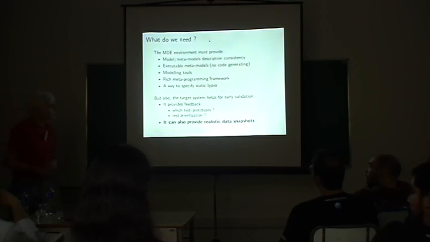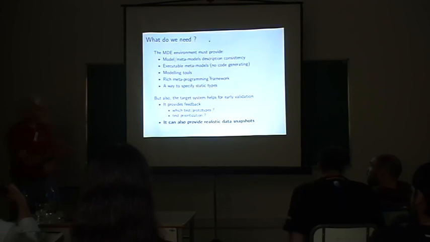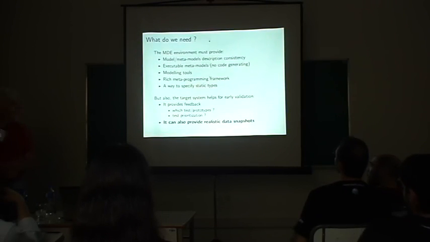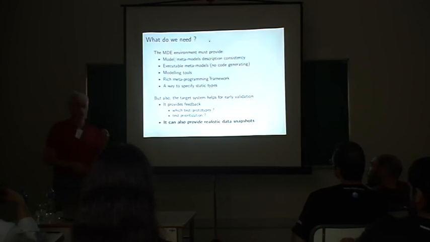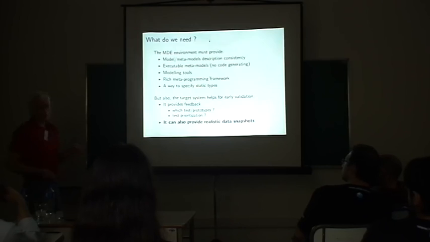Now, what do we need? We need an environment that provides a consistent way to model. Consistency is very important. And we need executable meta-models. We don't want to use code generation in order to build a code generator, for example. We don't want to have to use code generation in order to validate from the workbench.